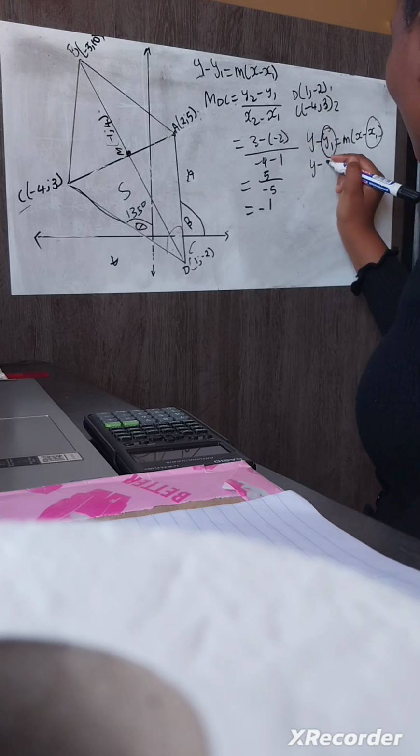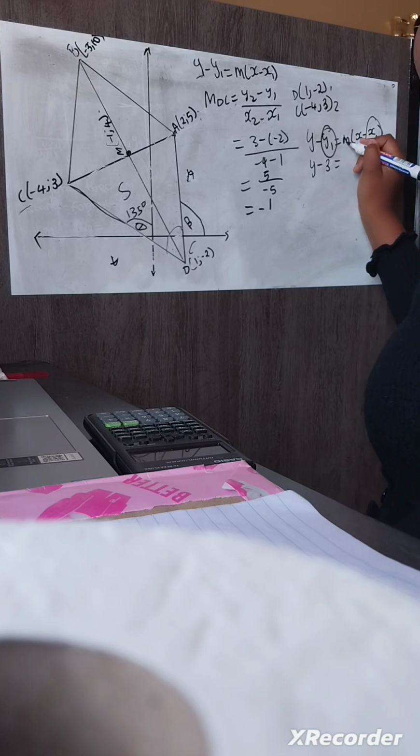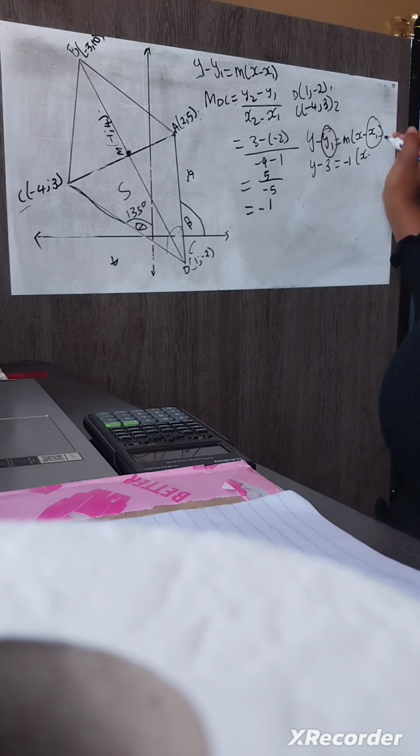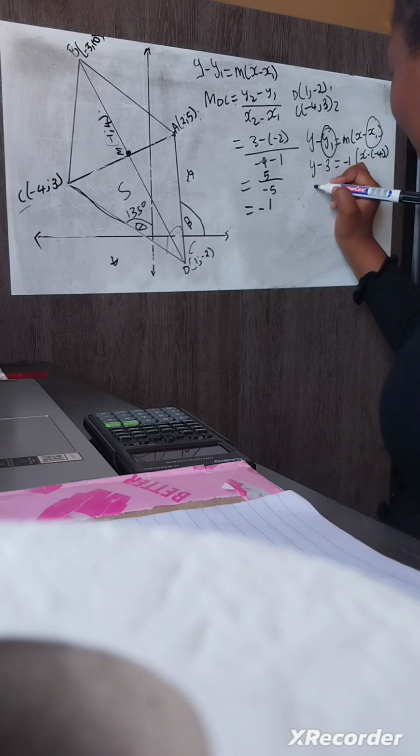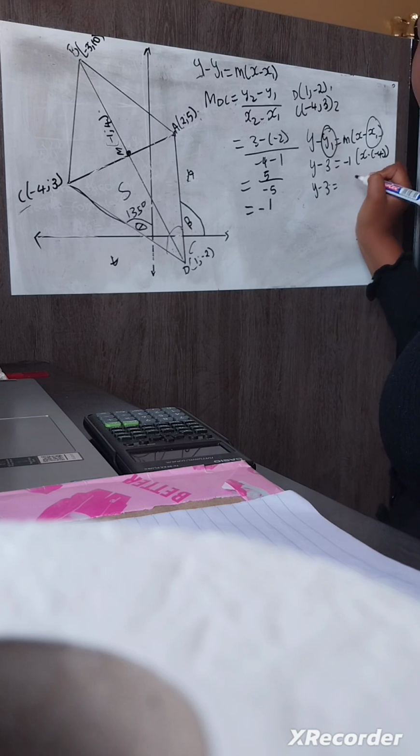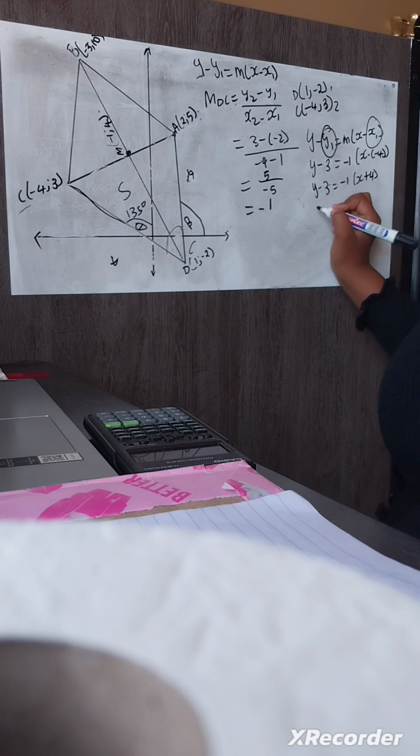It's 3. Y minus 3 is equal to m, which we calculated here as minus 1, into x minus minus 4. Am I right? Now we'll have y minus 3 is equal to minus 1 into x plus 4.